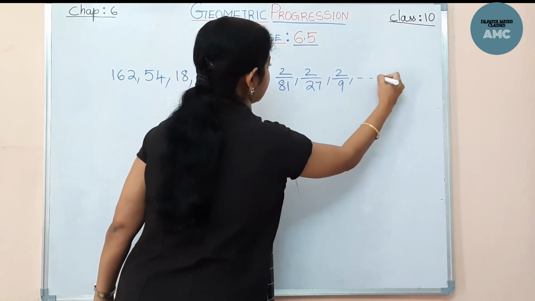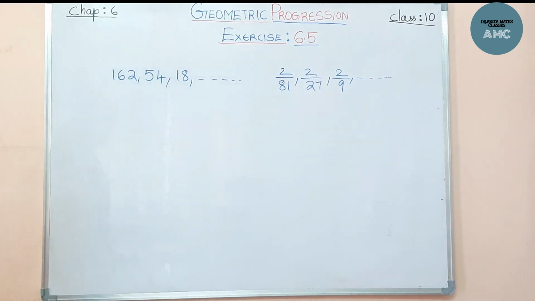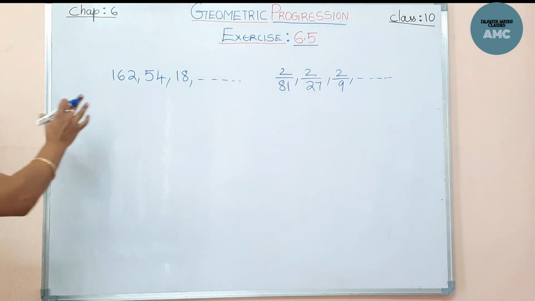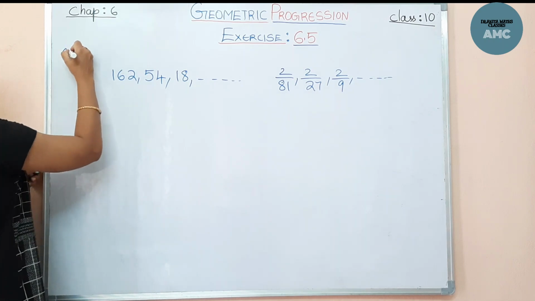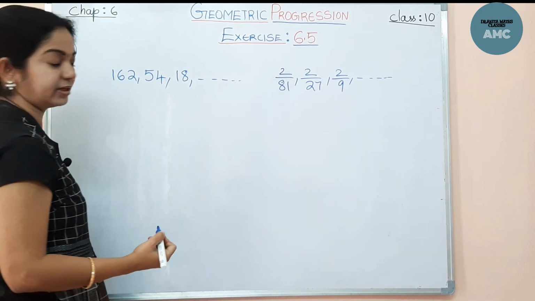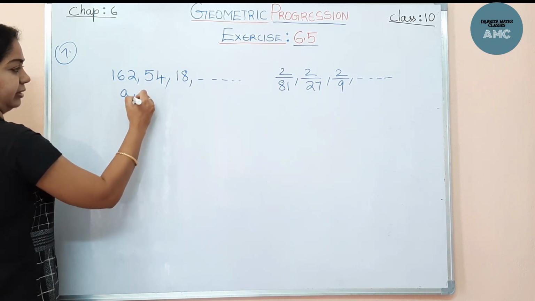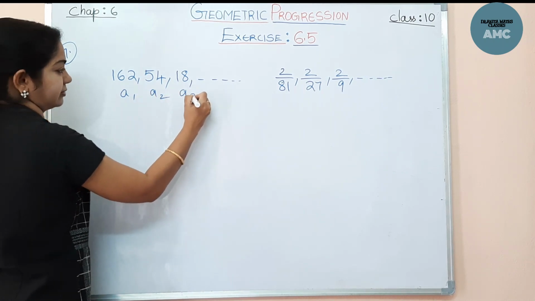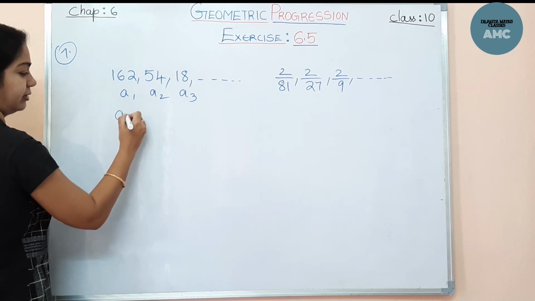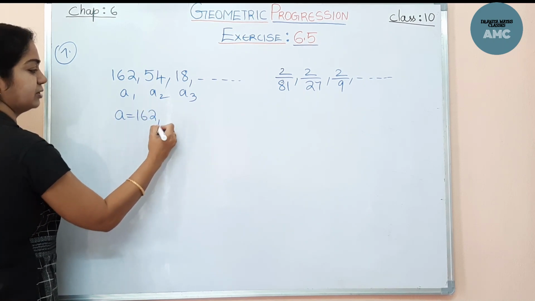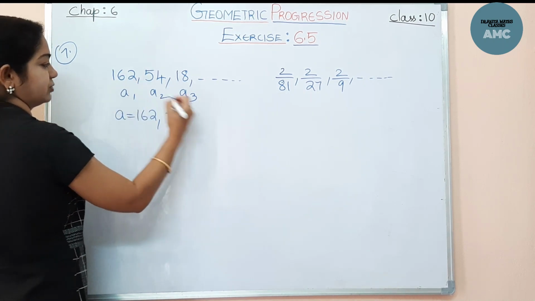This is the second geometric series given. Now both the nth terms are equal, given the condition. Now here let us write the A: this is A1, A2, A3. Let me write the A value, that is the first term, 162. The common ratio is A2 by A1.